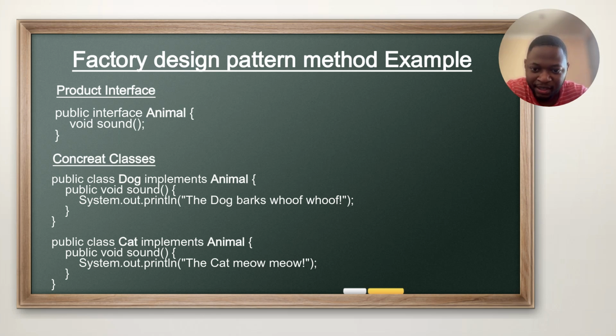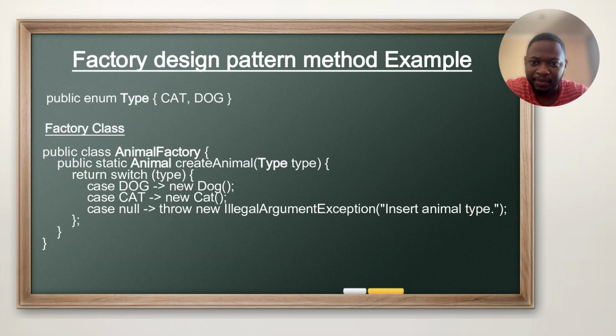As you see here, we are printing out the dog barks woof woof whenever the sound method is invoked for the dog object, and for the cat object we say the cat meows. These are the concrete classes. These concrete classes implement our product interface, which is our main interface. And let's go to the next slide.